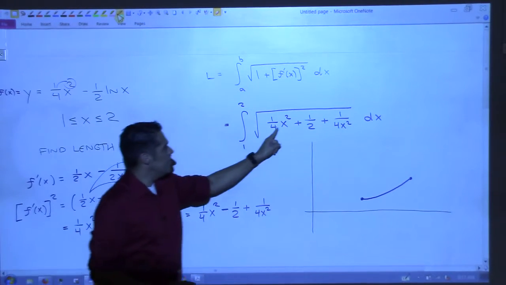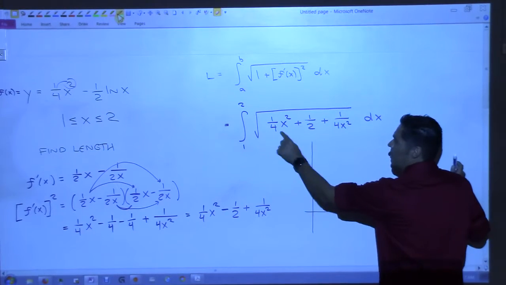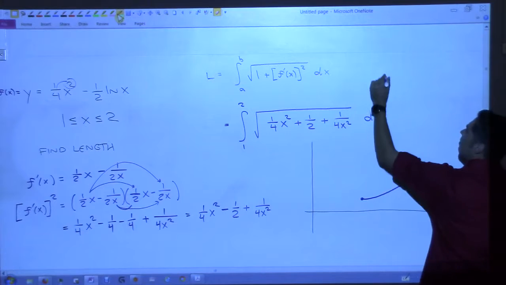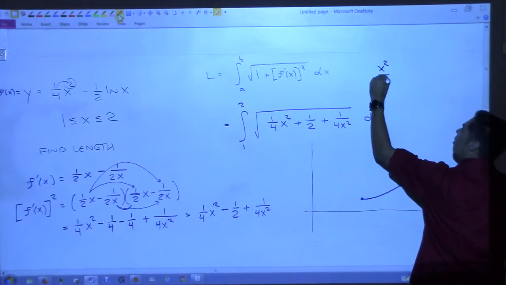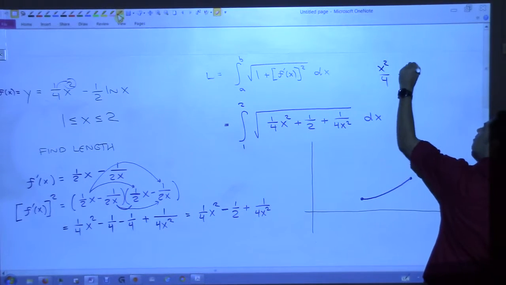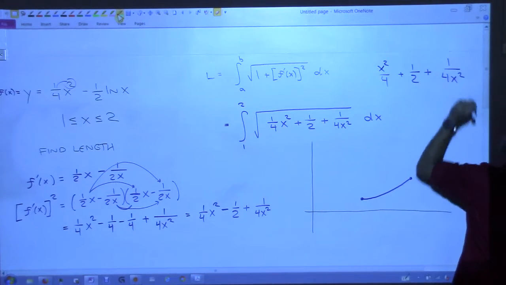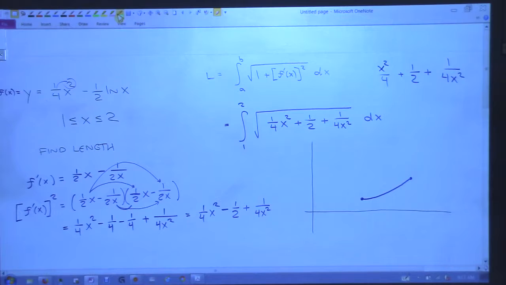So what I'm going to do here is get a common denominator between all of these, all right? So just imagine that that's really x squared over 4 plus 1/2 plus 1/4x squared. So what would be a common denominator between those? 4x squared? Right?